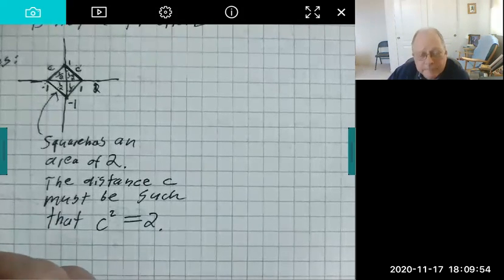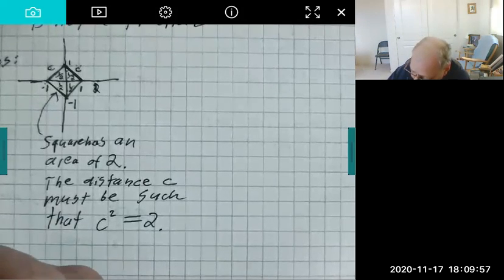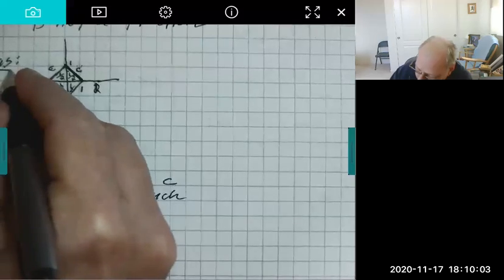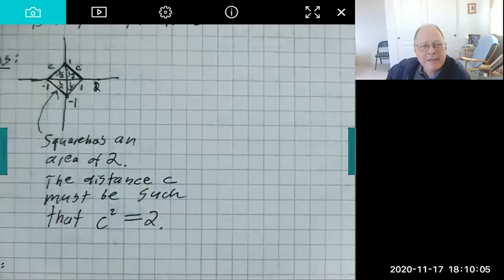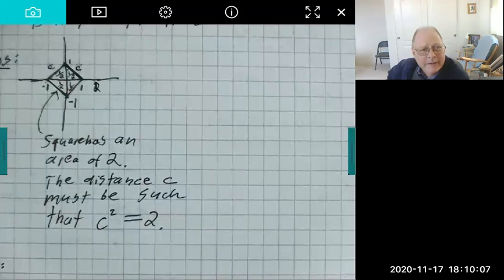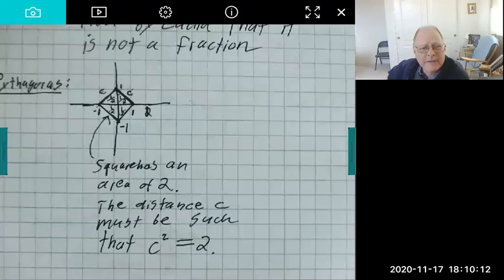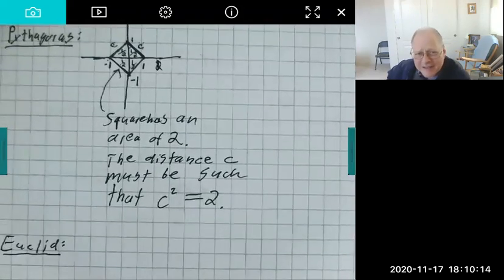Now, Euclid. Before Euclid, I mentioned in the previous video, there was this student of Pythagoras who did a proof 100 years earlier, but it was lost.